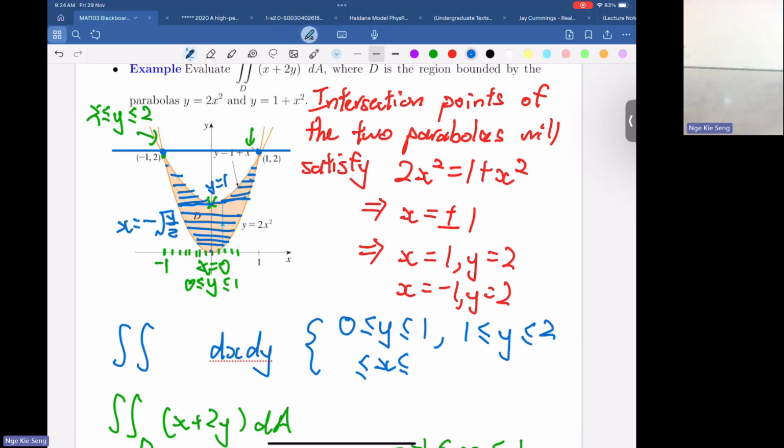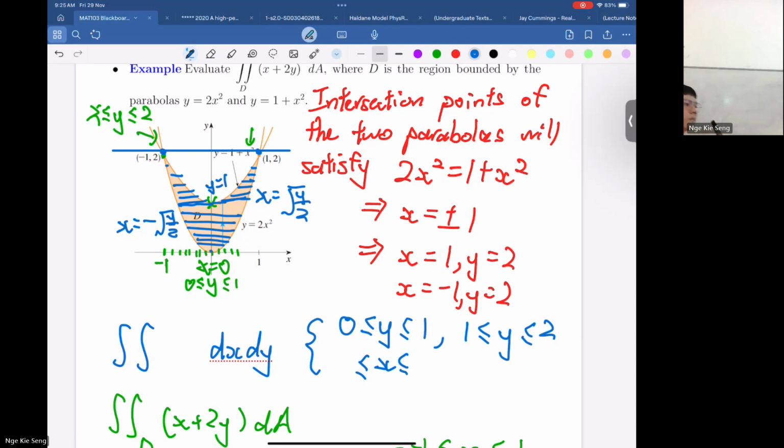Well, this outer curve here is described by y equals 2x squared. But if you want to write x in terms of y, you should split your y equals 2x squared into two parts. On the right hand side, you describe it as square root of y over 2.